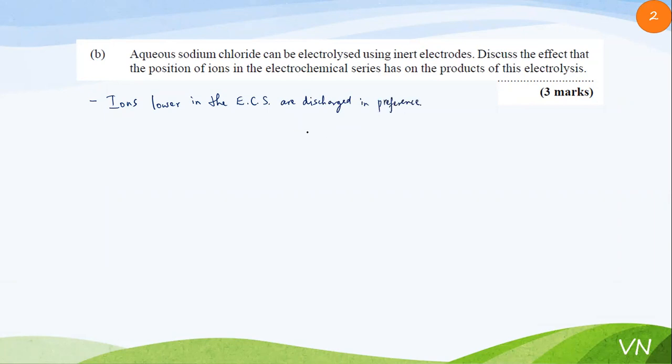All right, so that's the first thing you want to be saying here. That's all. Whichever ions are lower in the electrochemical series are discharged in preference.